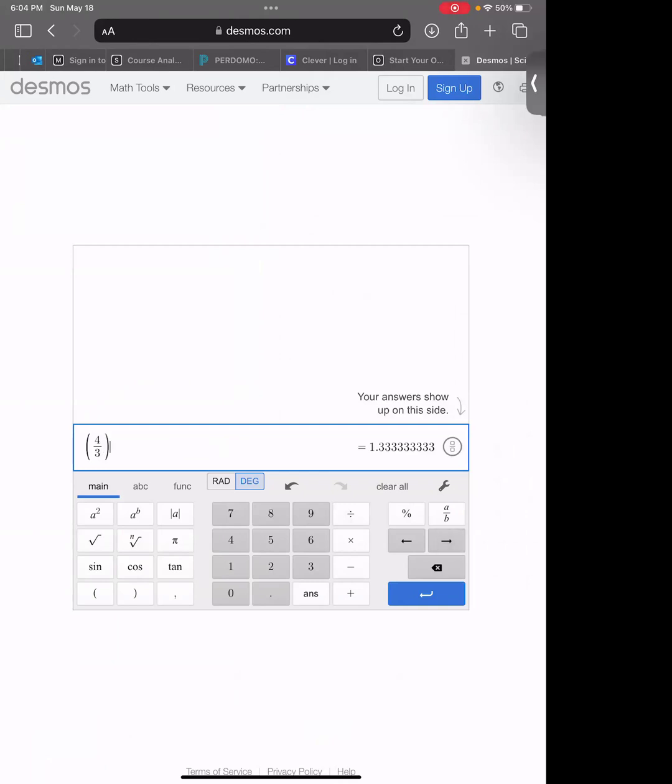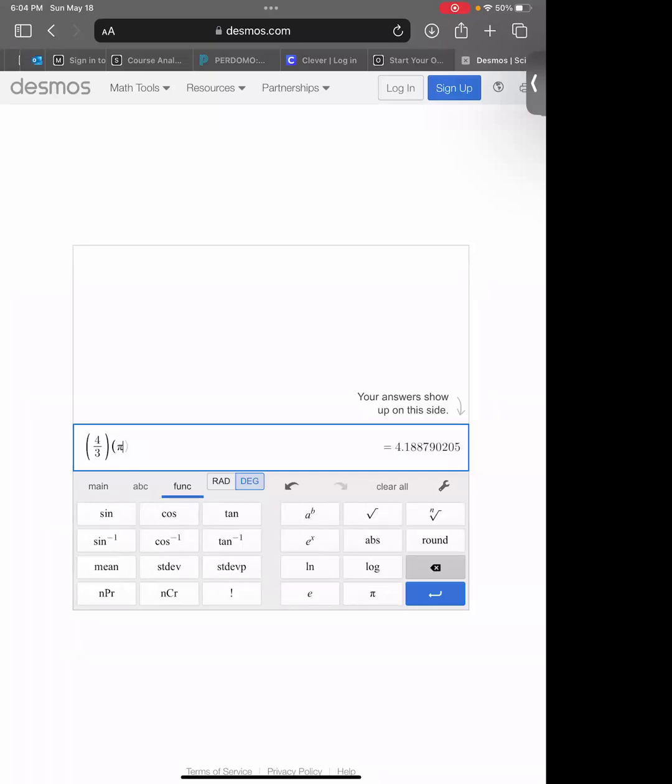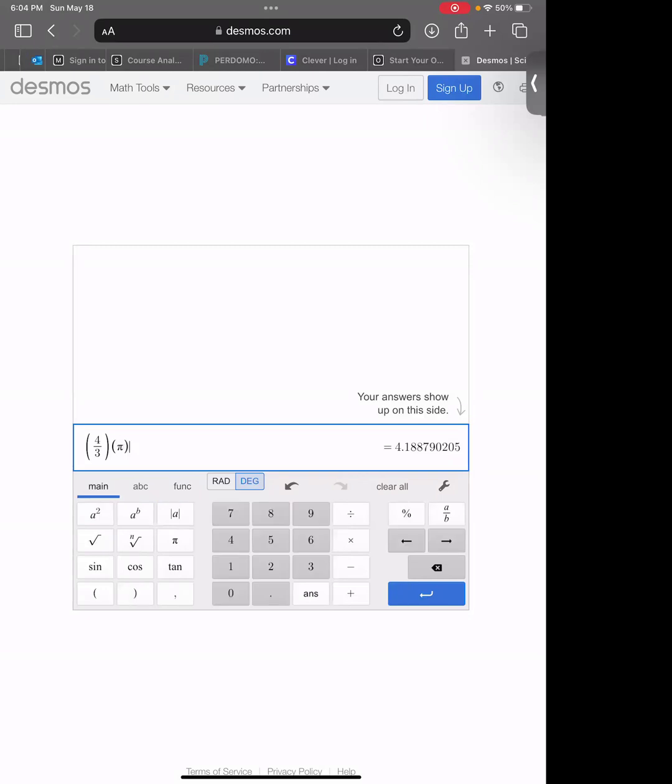4/3. So when it comes to the Desmos, I think that what we should remember is put parentheses just everywhere, just anywhere. Because honestly, the calculator is so finicky when it comes to your PEMDAS, your order of operations, that it might give you something a little bit different.